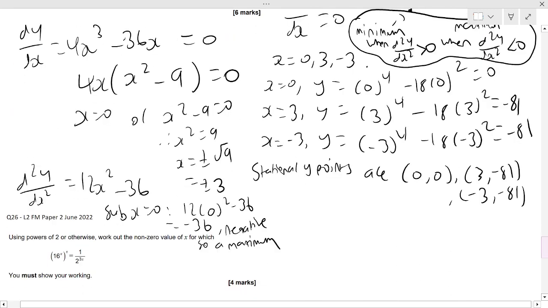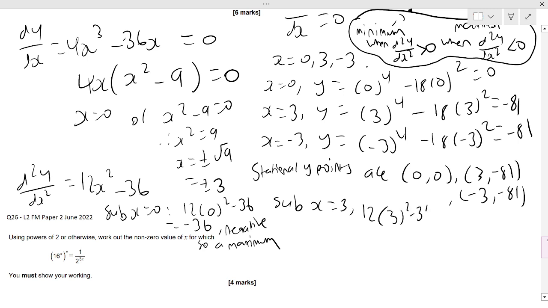So therefore it's a negative, so it has to be a maximum. Then we're going to substitute the other point in. x is 3, and so then the second derivative here is going to be 12 lots of 3 squared minus 36, and that's going to get us 72.